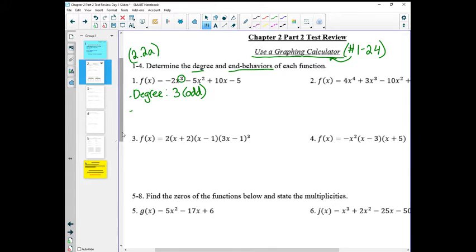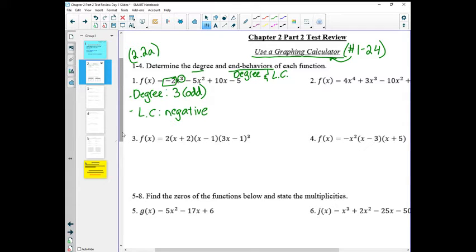To tell the end behaviors, you need to know the degree and the leading coefficient. That's what we abbreviated LC. The leading coefficient is the number that is directly in front of the highest exponent, which is -2 here. It is negative, so that's what I'm going to write down for the leading coefficient.